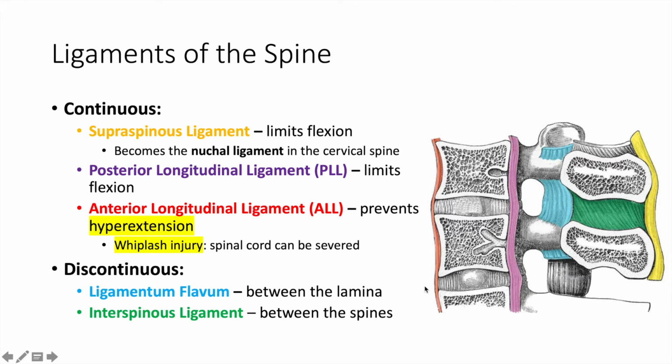In a whiplash injury, the spinal cord can be severed, and that's due to that hyperextension. My discontinuous ligaments, so they're not all the way down like the ALL and PLL, are my ligamentum flavum between my lamina and my interspinous ligaments between the spines.